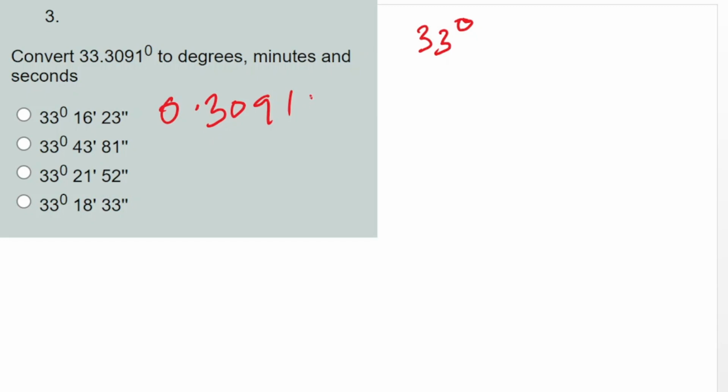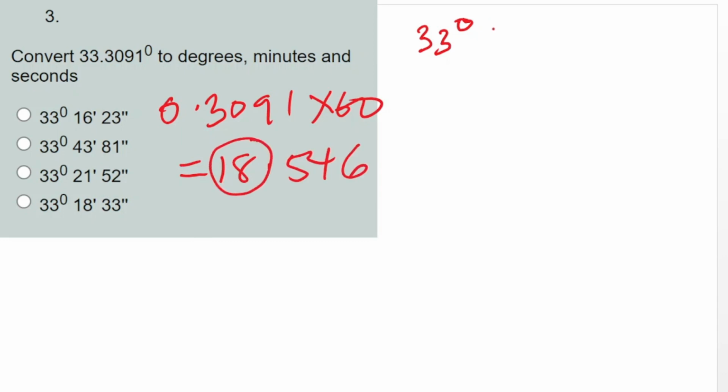That will be 0.3091 multiplied by 60, which gives us 18.546. The whole part there is the minutes, so that will be 18 minutes.